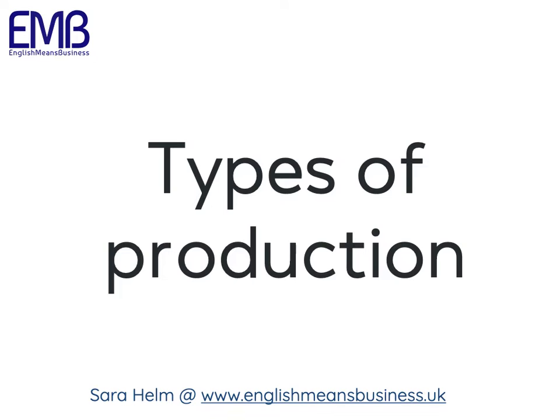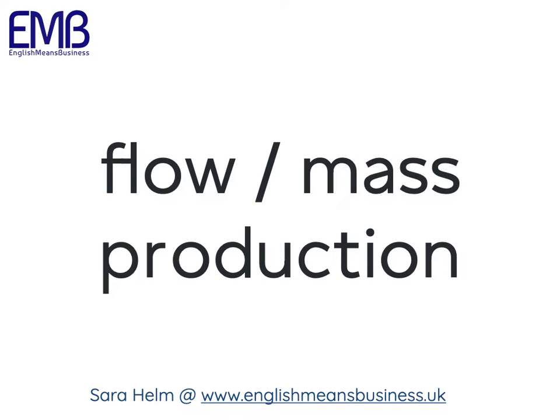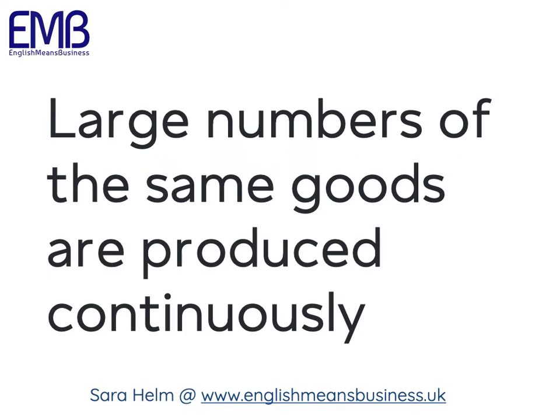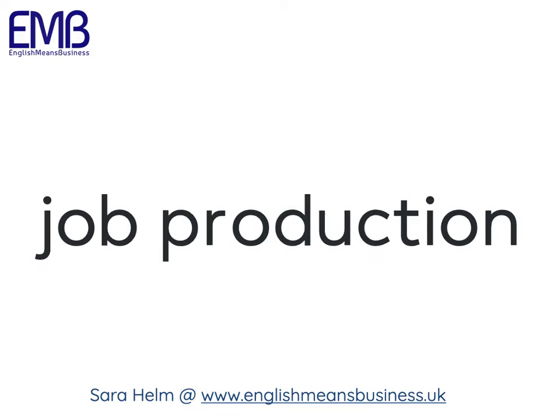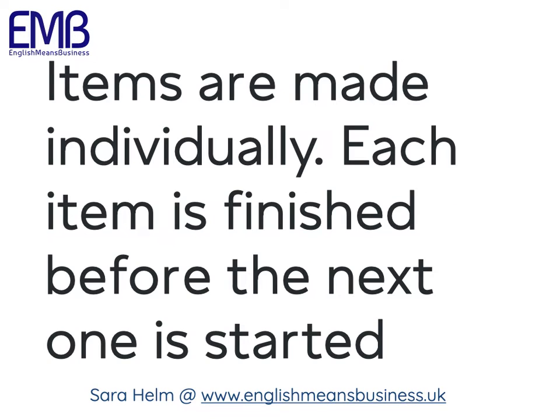Now we're going to look at a few types of production. Flow, also known as mass production, is where large numbers of the same goods are produced continuously. Job production is where items are made individually. Each item is finished before the next one is started.